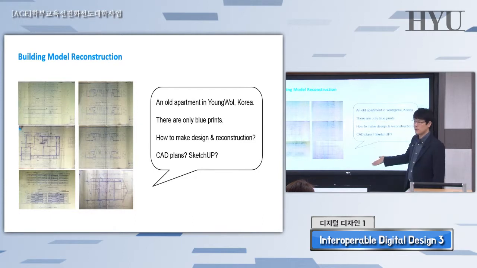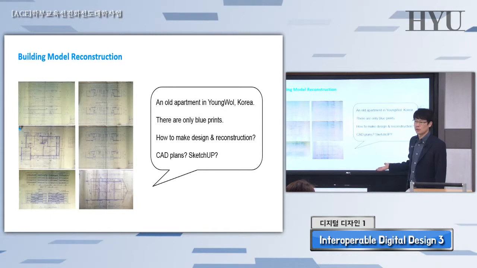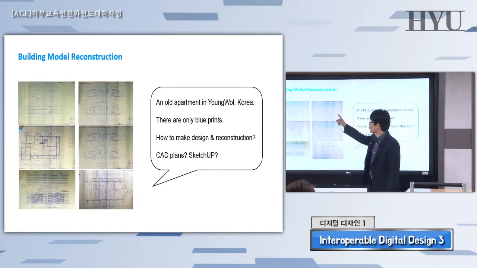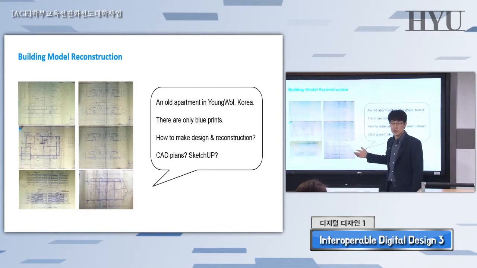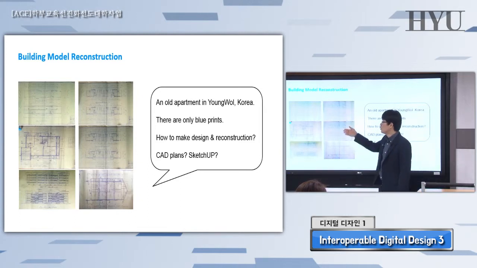When I went there, it was a very typical and common old apartment. We can find it anywhere in our homeland, in Seoul, anywhere. Anyway, this is a typical 5-story building without elevators, 30 or 35 years old, I'm not sure. But there are only blueprints.